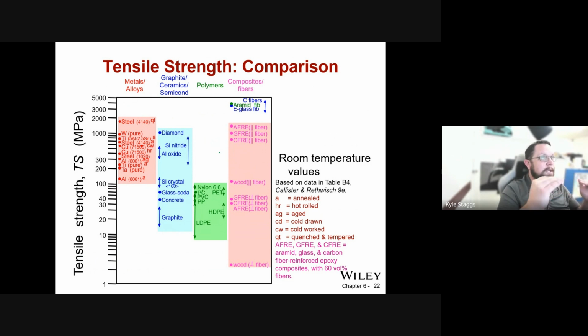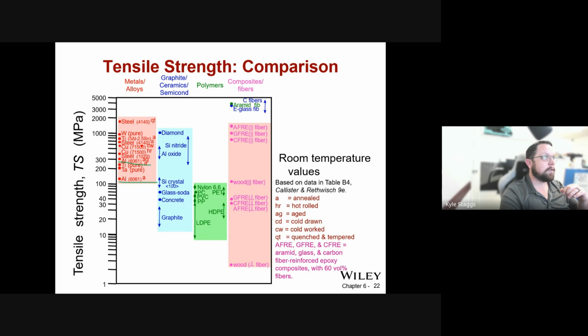So the ultimate tensile strength comparison, this is where some of these things matter, whether it's a 6061 annealed aluminum versus an aged 6061. That's quite a big difference. That's effective doubling of the ultimate tensile strength of these materials.